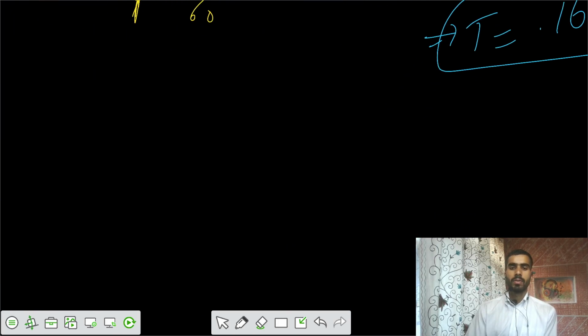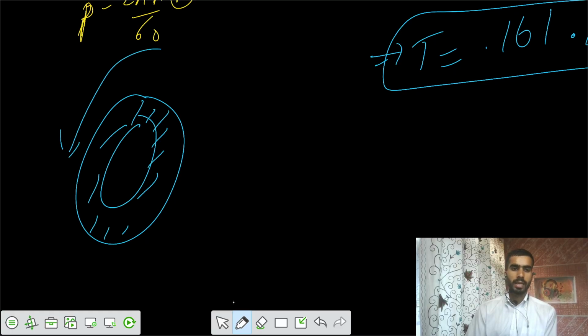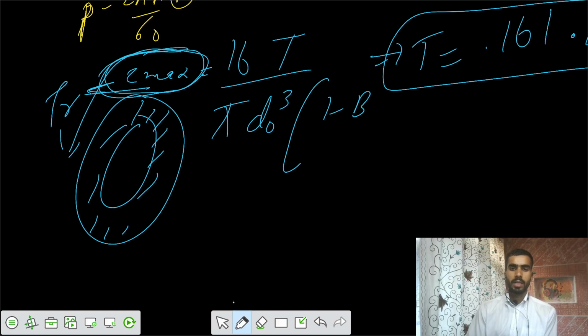This torque has to be resisted by the shaft. If I write that equation, you have the shaft with some D outer and D inner, and you are applying some torque T. There's some tau max. Tau max would equal 16 T by pi, D outer cube, 1 minus beta to the power 4.